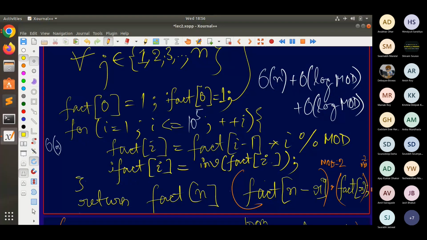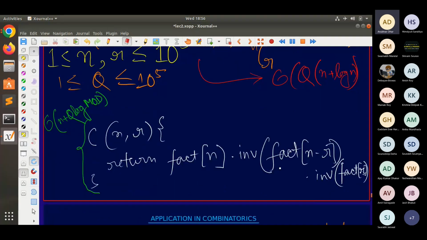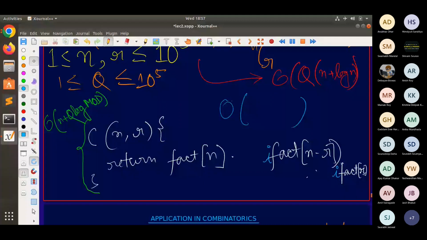Okay. And then you can just blindly multiply ifact n minus r times ifact r. So now what is the complexity of this program? It's a bit more complicated than just order n.